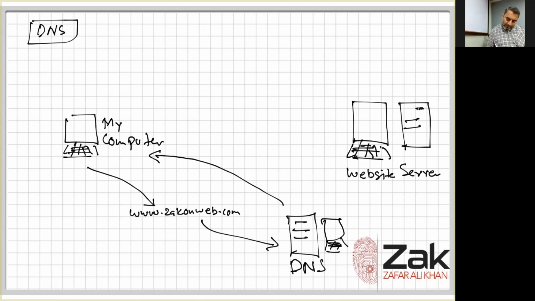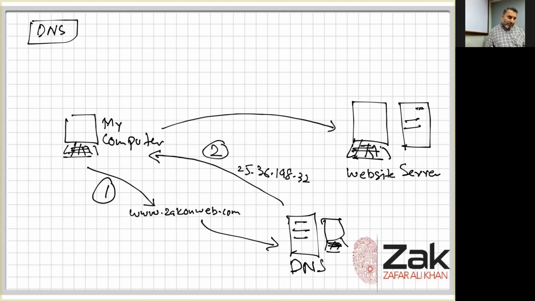So this is the first thing, and this would be the second thing. And then my computer, knowing the address, let's say 25.36.198.32, which is the address given by the DNS server, takes this address and reaches out to the web server directly.